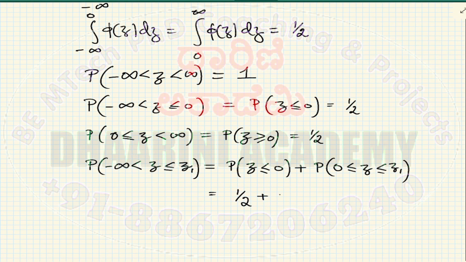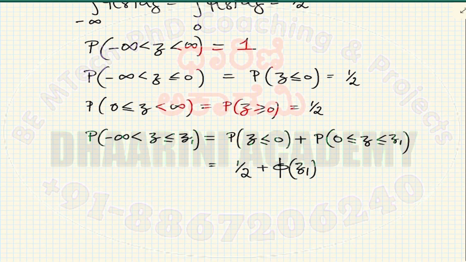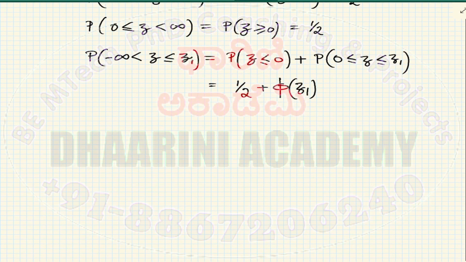The second part, I can look at the phi function, which is a table value of z1. This is the general way of representing the given question using the phi notation, and the value of phi of z can be obtained from the table.